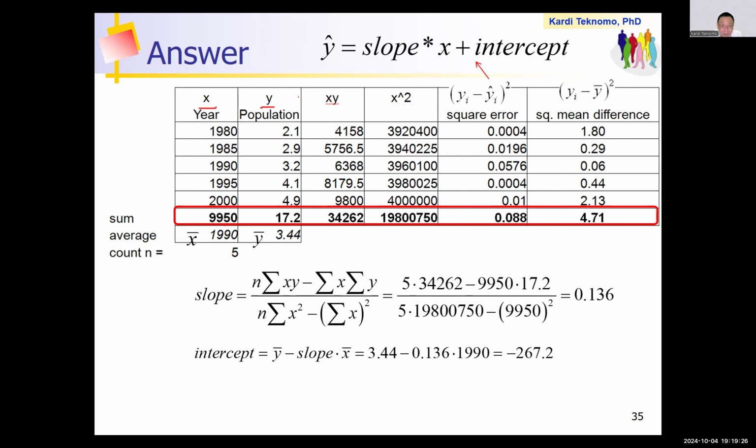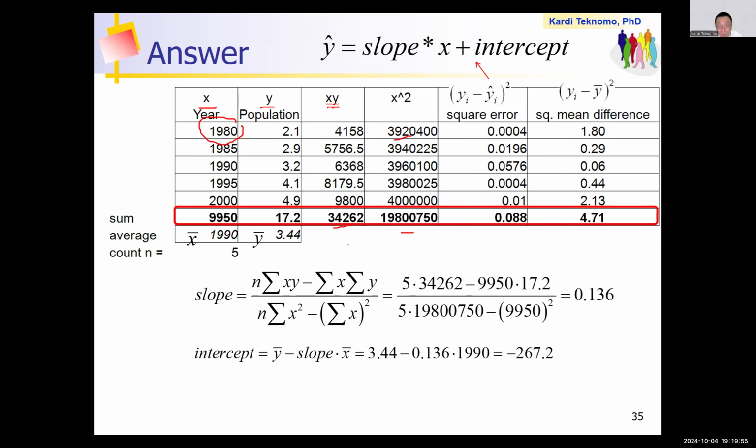These two columns you can get the sum and the average. After that, you multiply 1980 by 2.1, so you get 4158. Then you multiply x with y. After that, you square the x. So 1980 squared, you get this. And again, you get the sum here.